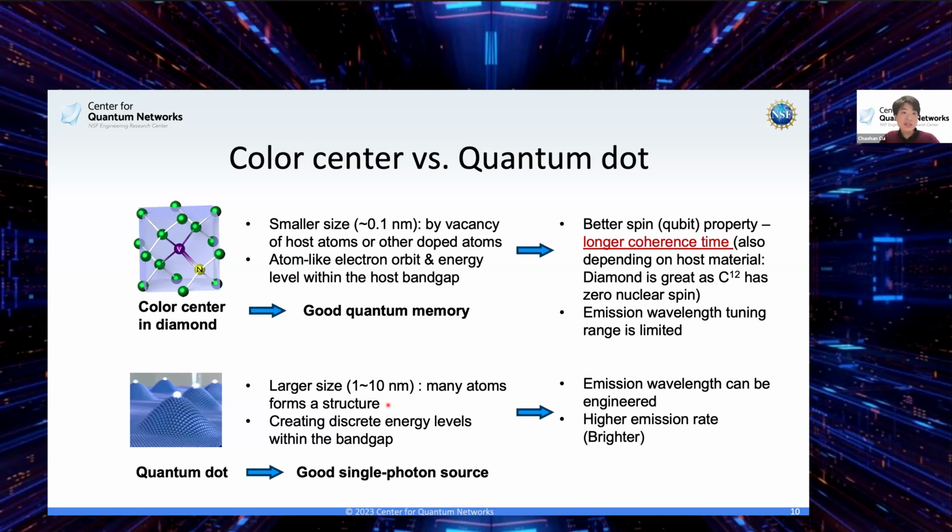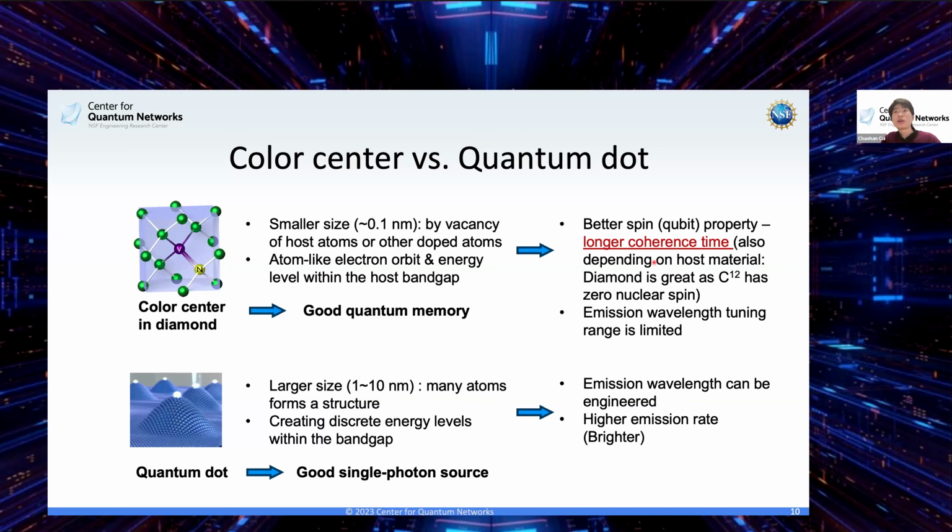It has discretized energy levels, but the issue is that because it involves so many atoms, the environment is more noisy. But for the color center, because it's small and only a few atoms surround it, there is little noise. It has a really long coherence time.